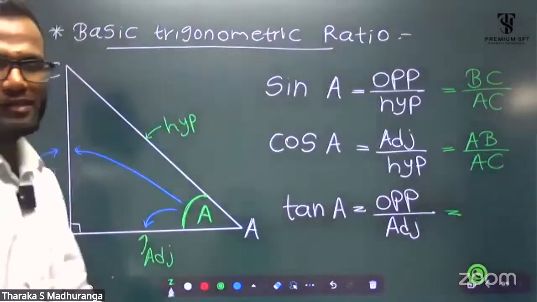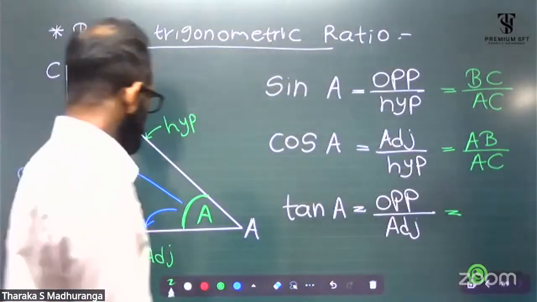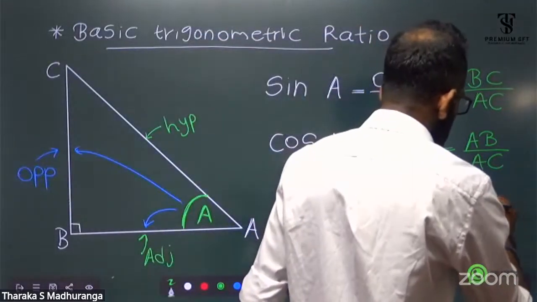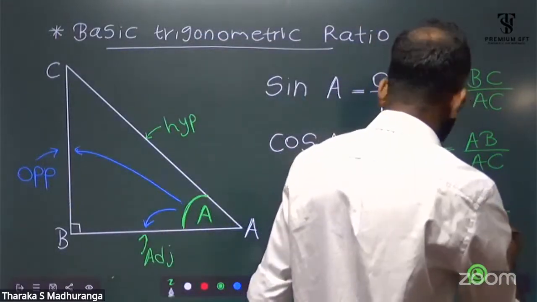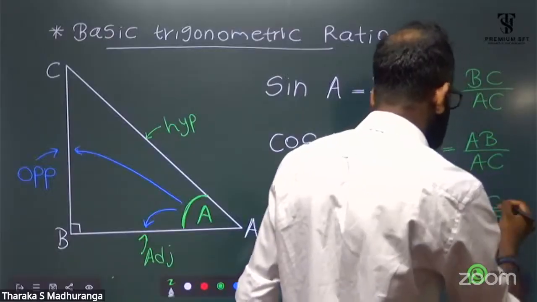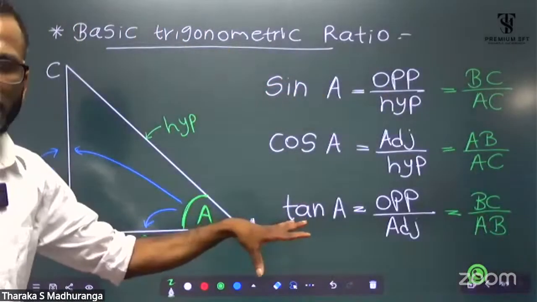Tan A is opposite over adjacent, BC over AB. Right? Okay, they are the basic trigonometric ratios.